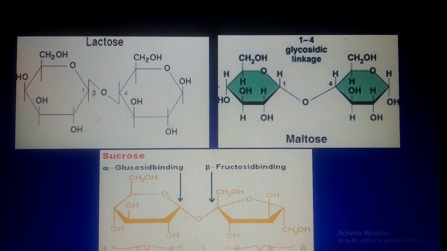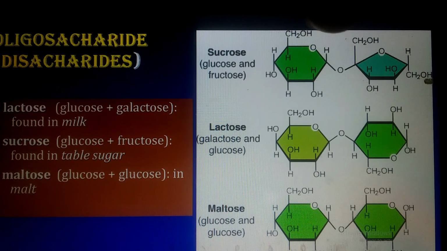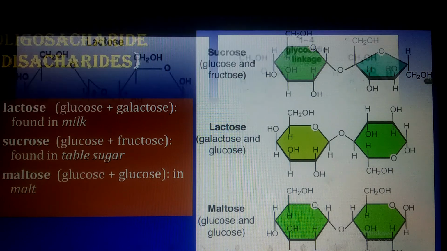Now, what is the glycosidic linkage or glycosidic bond? The two monosaccharides, which are the simplest form of the carbohydrate, are the building blocks of the carbohydrate. You can see here, in case of the maltose, it is made up of two glucose molecules.